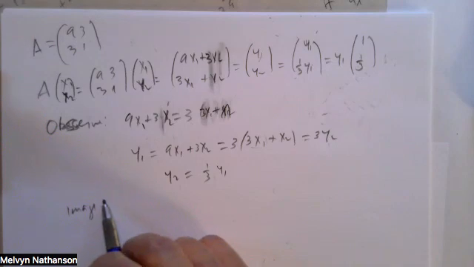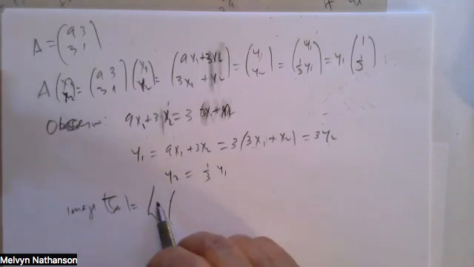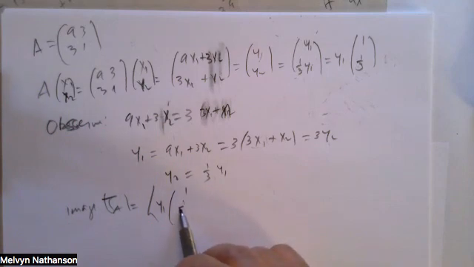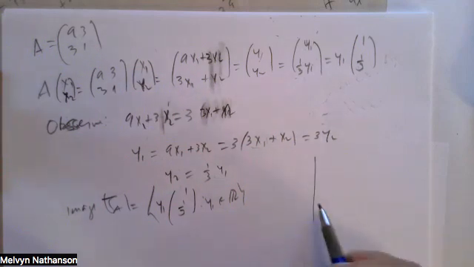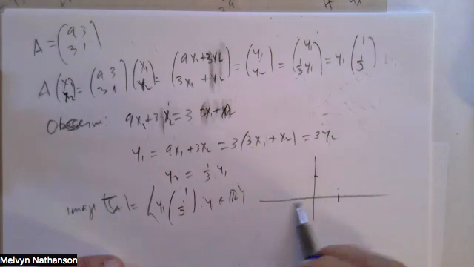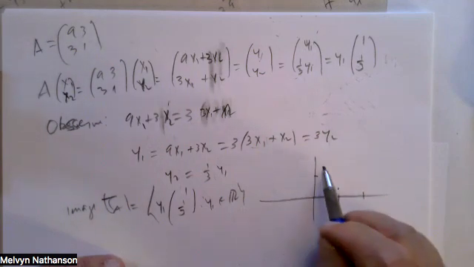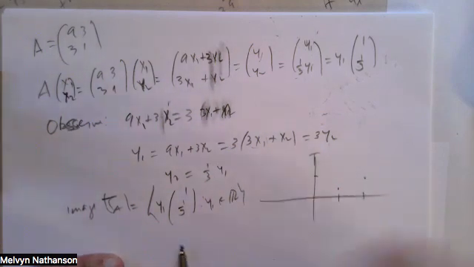The image of T sub A is all vectors y1 times 1, a third. So in the plane, this is the vector 1, a third, 2, 2/3.